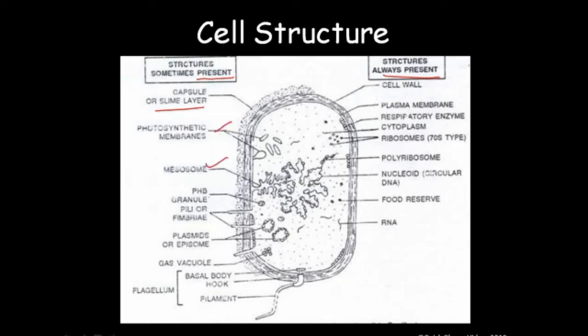Photosynthetic membrane, mesosomes, granules, pili or fimbriae, anyone of these may be present. Plasmids, gas vacuoles, flagellum. And structures like cell wall, plasma membrane, respiratory enzymes, cytoplasm, ribosomes, polyribosomes, nucleoid, and food reserves are always present in prokaryotic bacteria.